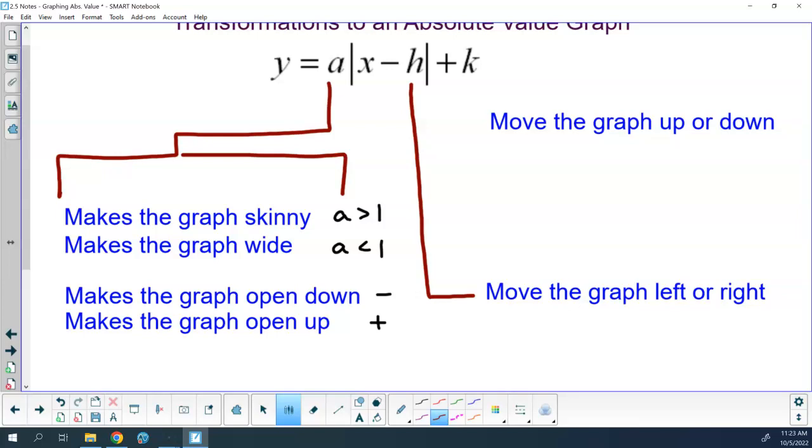H, because it is inside a set of grouping symbols, we need to think oppositely.